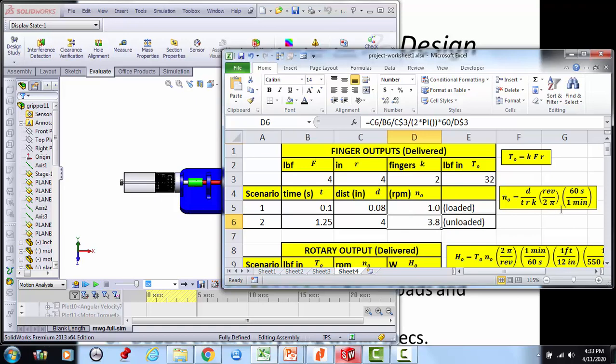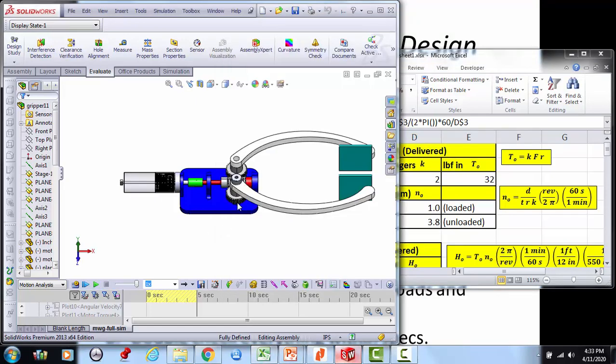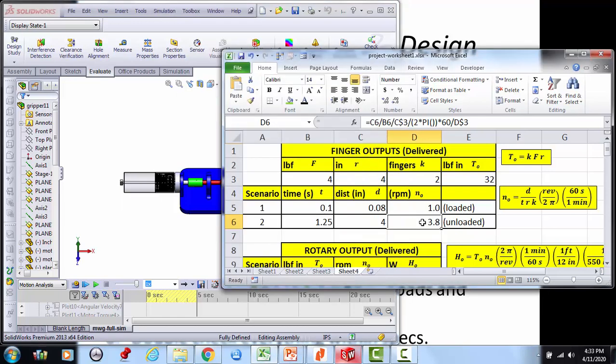Then there's some unit conversion that you see over here that gives me my RPM. And that RPM is actually what the worm gears need to do. So that's what that is about.